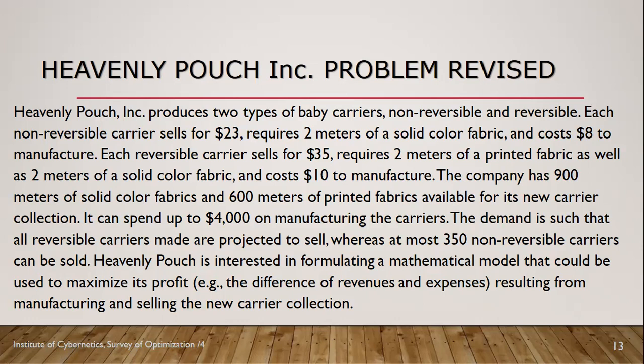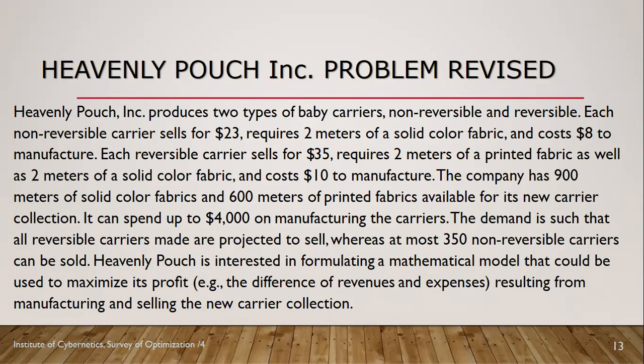Each reversible carrier sells for $35, requires 2 meters of a printed fabric as well as 2 meters of a solid color fabric, and costs $10 to manufacture. The company has 900 meters of solid color fabrics and 600 meters of printed fabrics available for its new carrier collection. It can spend up to $4,000 on manufacturing the carriers.